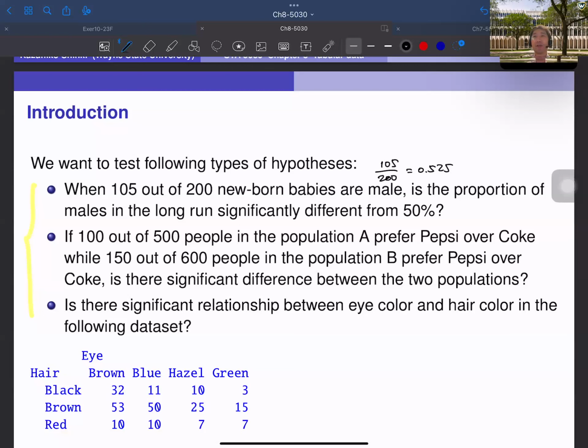Yeah, basically boys are weaker than girls, so probably that's the biological reason why we have more boys among newborn babies. But the proportion really depends on the country and other factors. In some countries, maybe 51%. So it's really an important research question whether this is equal to 50% or not.